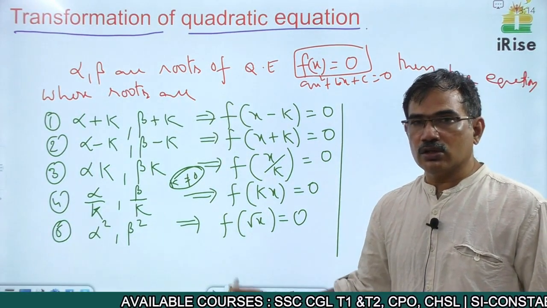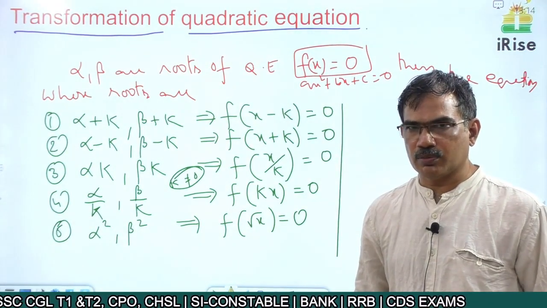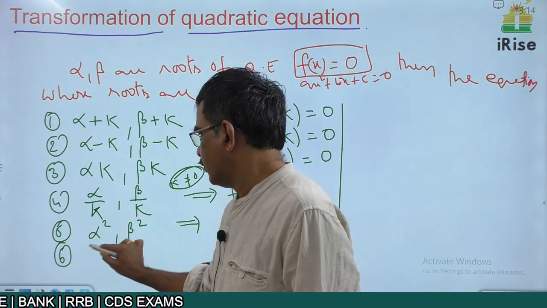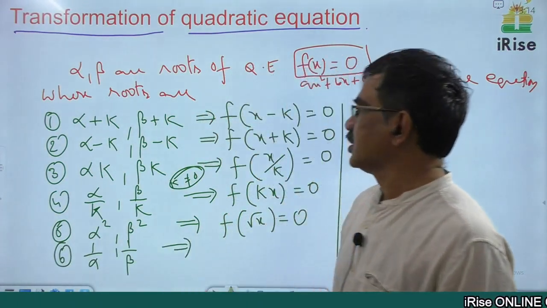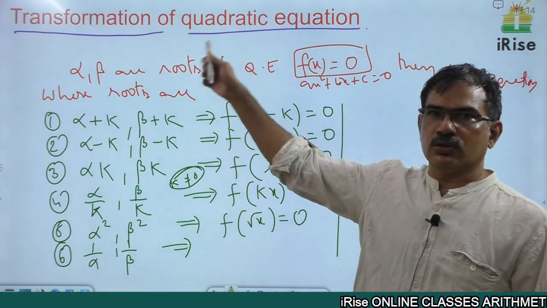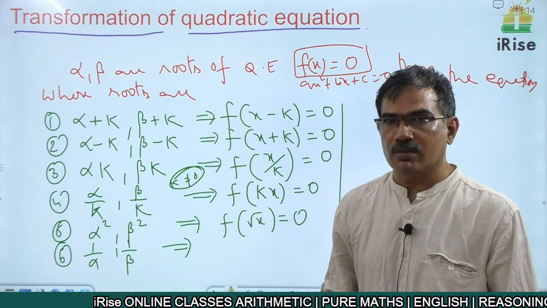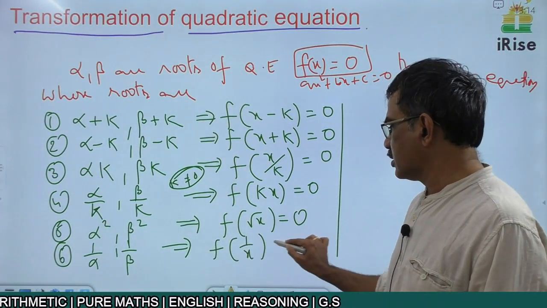Okay, not only substitution of root x, convert into a polynomial equation after that please. Next, if roots are reciprocals of the original roots, 1 by alpha comma 1 by beta, then the equation is f of 1 by x is equal to 0.